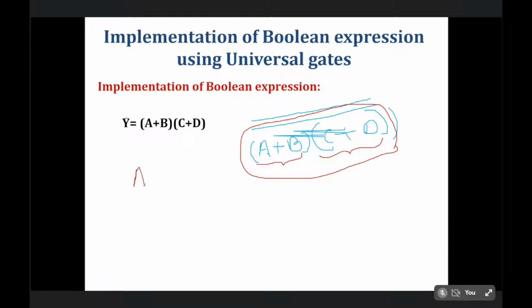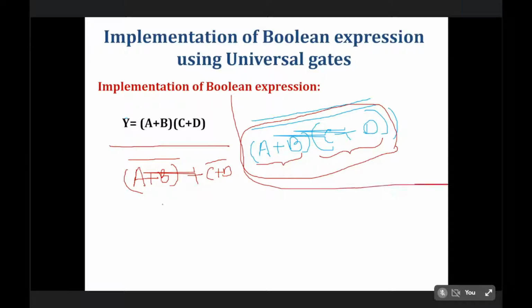here a plus b whole bar plus c plus d whole bar, and it is with the bar.